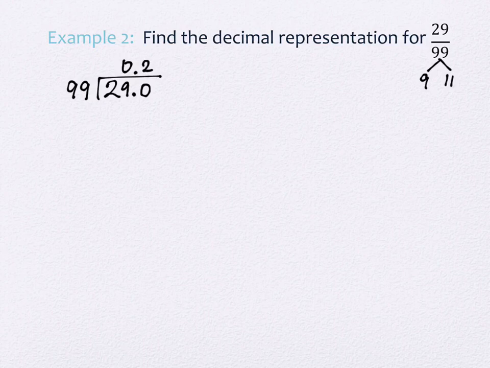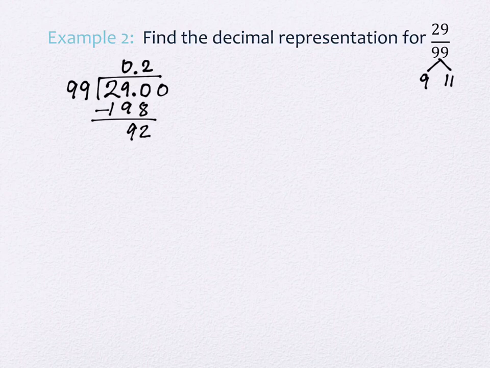What is 2 times 99? 198. And we will subtract. So what's 290 minus 198? 92? Wait. Is it 92? Yeah. I think it's 92.